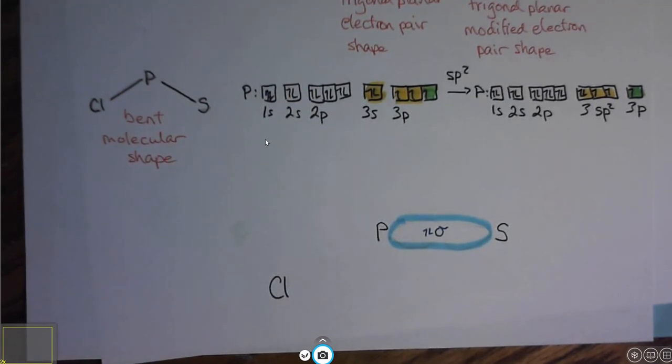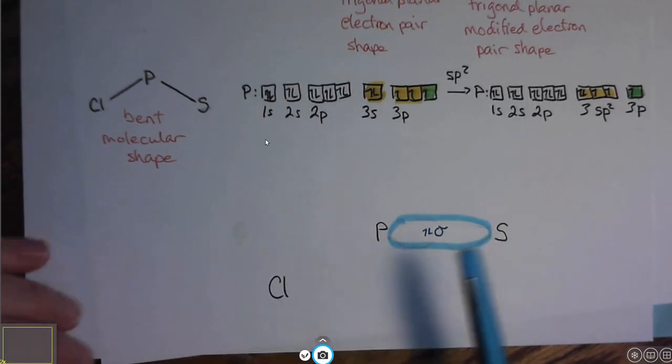Now in textbooks and in college, instead of calling it a line, they'll call it an axis. There's a reason for that, but at this point I don't want to stop and explain the difference between an axis and just a line.